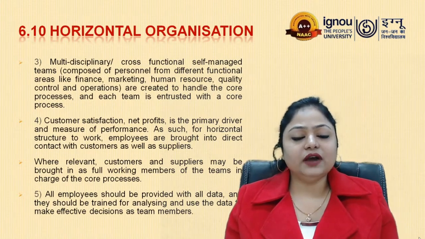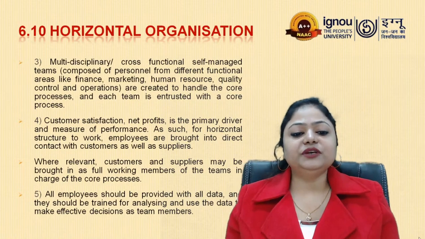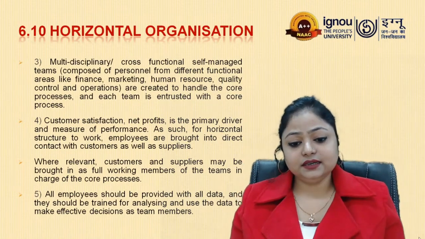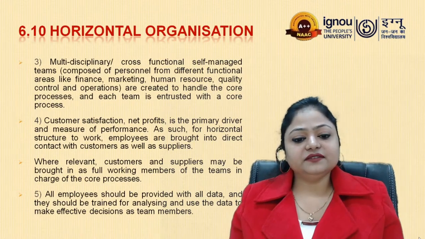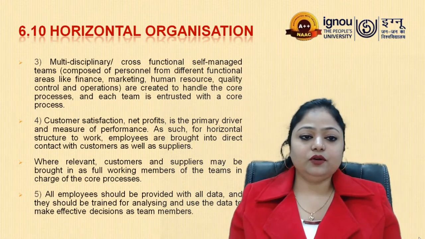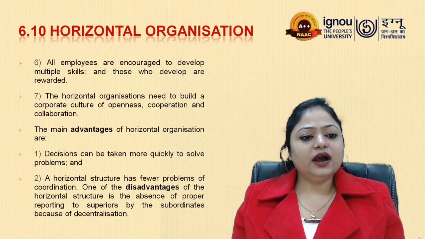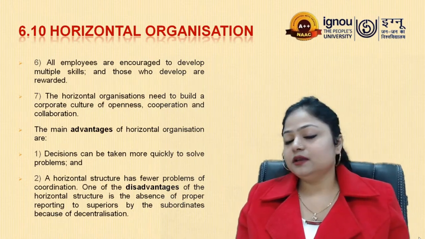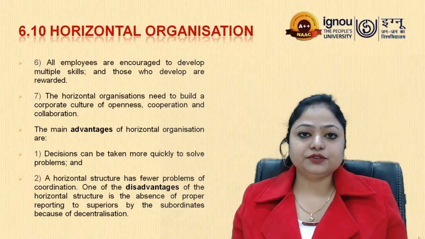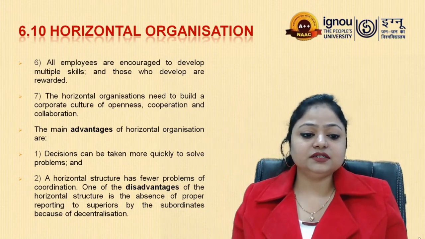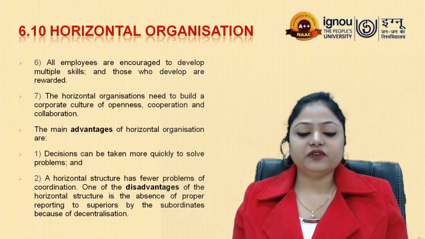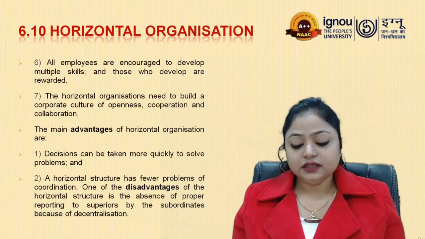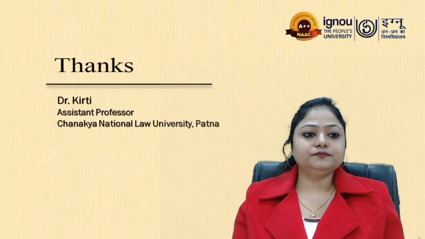All employees should be provided with all the data, and they should be trained in the collection and analysis of data to make effective decisions as team members. The advantage is that the decision making process can be quick and problems can be solved promptly. The horizontal structure has a few disadvantages, that is, the absence of proper reporting to supervisors by subordinates because of the decentralization of power.